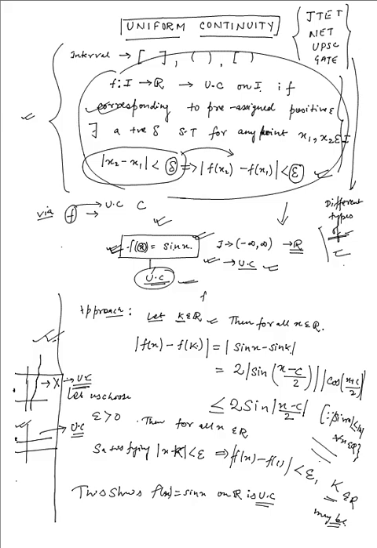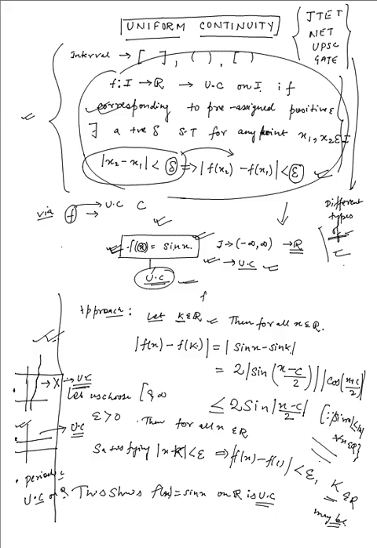If a function is periodic in nature on the real numbers and continuous on R, then you can claim this function is UC on R. And there are lots of other results, like if a function f is continuous on the closed interval [a, infinity), where infinity is open, and the limit at infinity exists, then you can claim that f is uniformly continuous on [a, infinity).